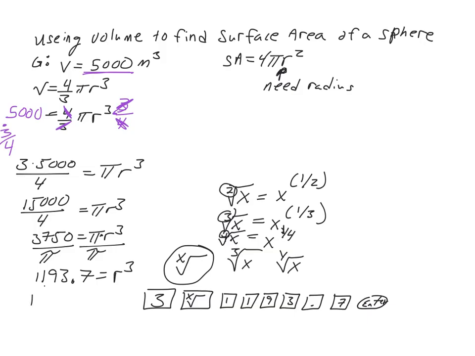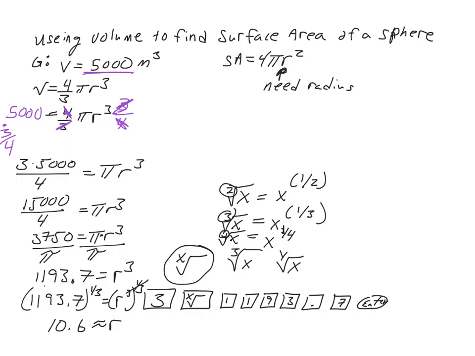So if I say 1193.7 to the 1/3 power, because if I do this, r cubed to the 1/3, that cancels those out. 3 times 1/3 is 1. So I'm going to put this to the power of 1/3. Whoops. And that gives me 10.6 is approximately what my radius is.